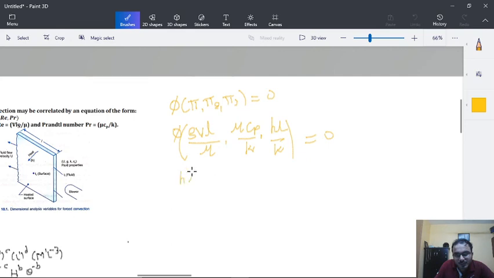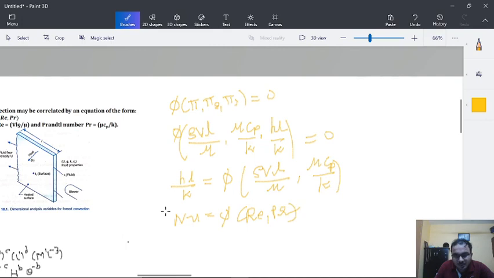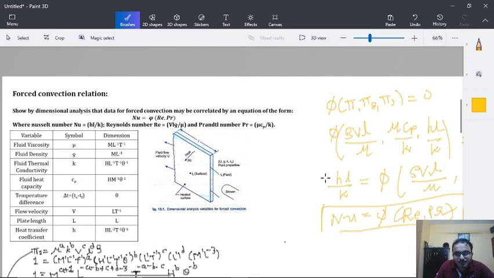So hL by k is a function of rho v L by mu and mu Cp by k. So we are getting that the Nusselt number is a function of the Reynolds number and Prandtl number. So hence we have proved that relationship which is in this question.